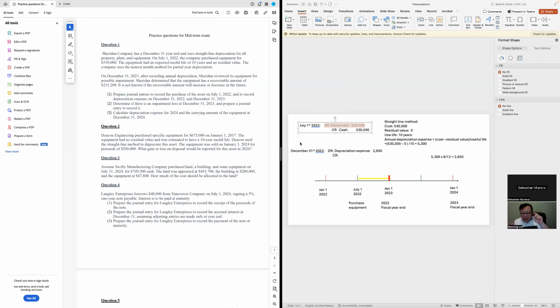So the carrying amount is the difference between two numbers. It's cost minus what? The depreciation. Yes, it's called cumulative depreciation, right? Cumulative depreciation.